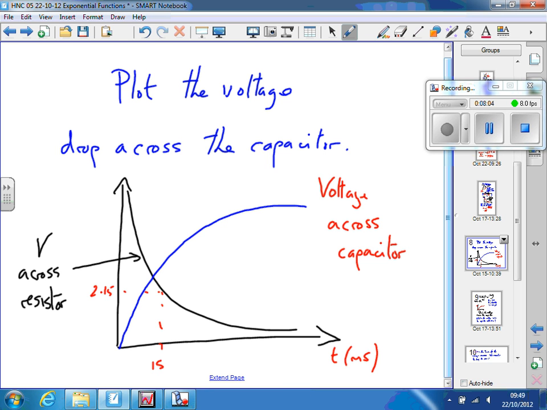What will this value here be? Exponential growth to a limit, exactly, Tom. So the voltage across the capacitor is an exponential growth to a limit.